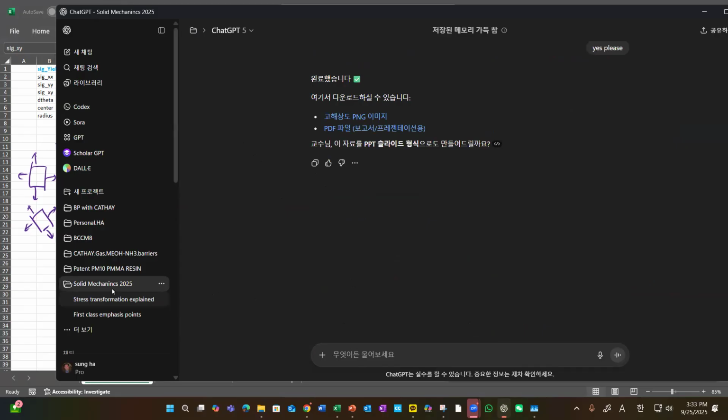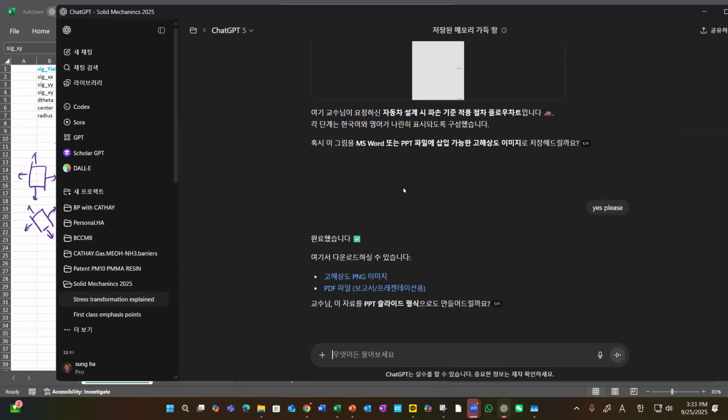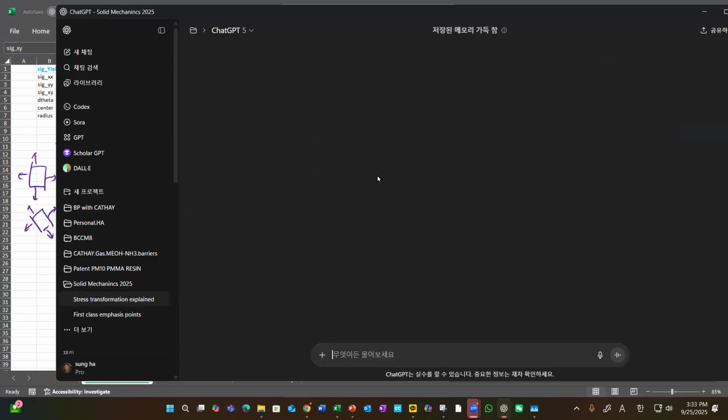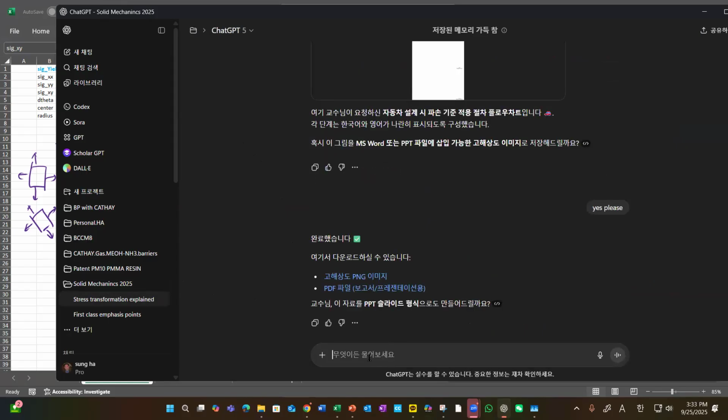Let's say we are in the stress transformations here, and transformation explain. Now I'd like to develop a tool to calculate the van Mises stresses.